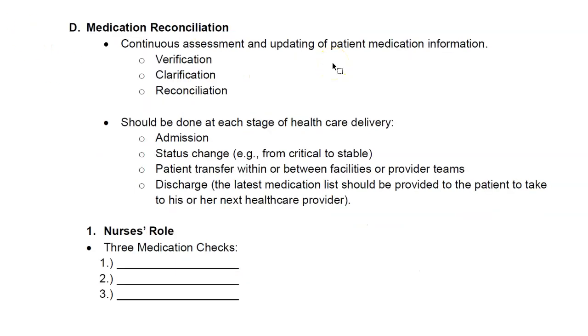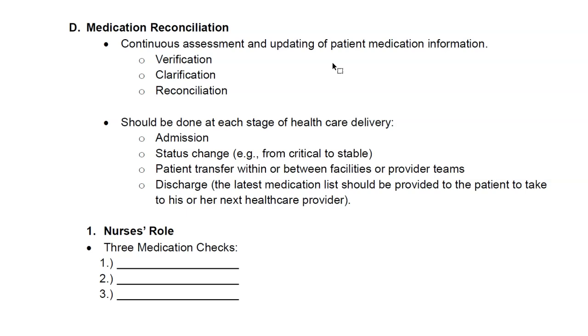Medication reconciliation. So medication reconciliation basically involves continuous assessment and updating of the patient medication information. So we verify, we clarify, and reconcile the medication. So at any point, whether something is changed with the patient during admission, when we're transferring a patient from one unit to another, from one facility to another, or we're discharging a patient, we need to look at the list of medication together with the provider.